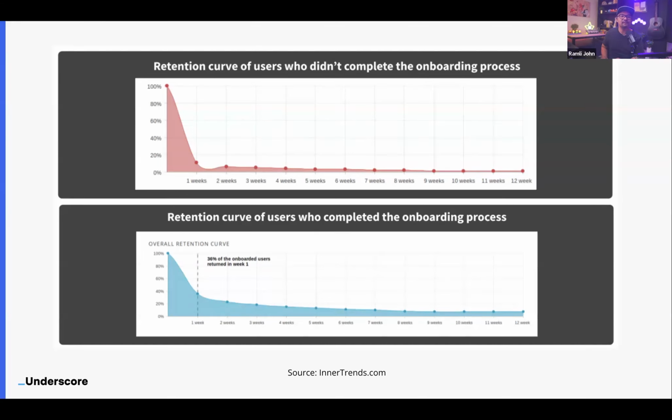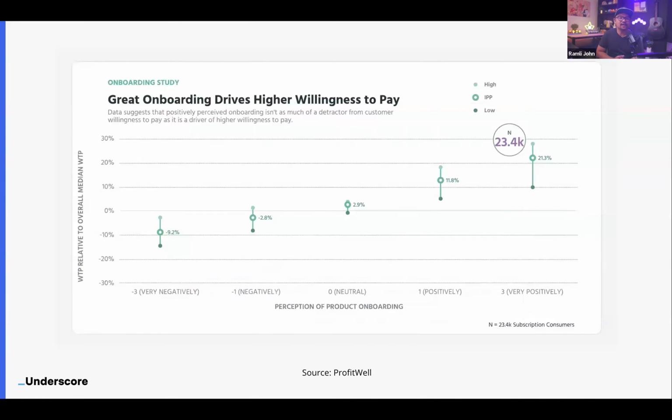There's also data from ProfitWall that great onboarding experiences, those first few moments, can really make people stick around, and not just stick around, but they're also more willing to pay.